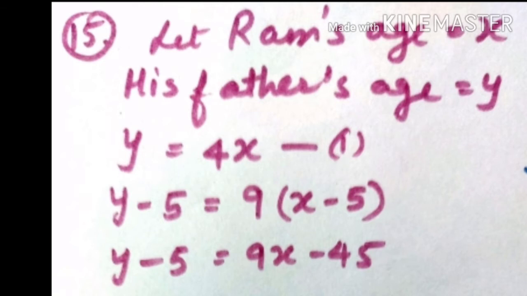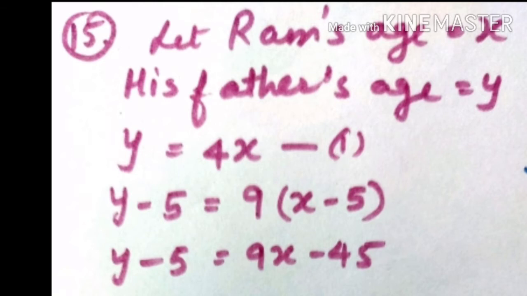Okay students, so here y minus 5 means 5 years ago his father's age was 9 times as old as he was then. 9 times he was means x minus 5. Ram also, before 5 years, is x minus 5, and 9 times of it means multiply by 9.